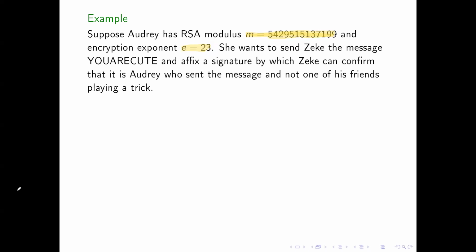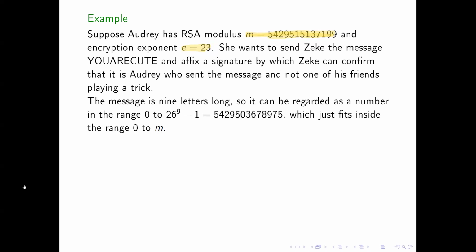Now, Audrey's going to send the message. And to send the message, she has to encode it. So she takes the message, "You are cute." And again, each of those letters, base 26, turns into a number from 0 to 26. She then can take that into a base 10 number, and that will give us this number right here, which happens to be smaller than my modulus, which is required.